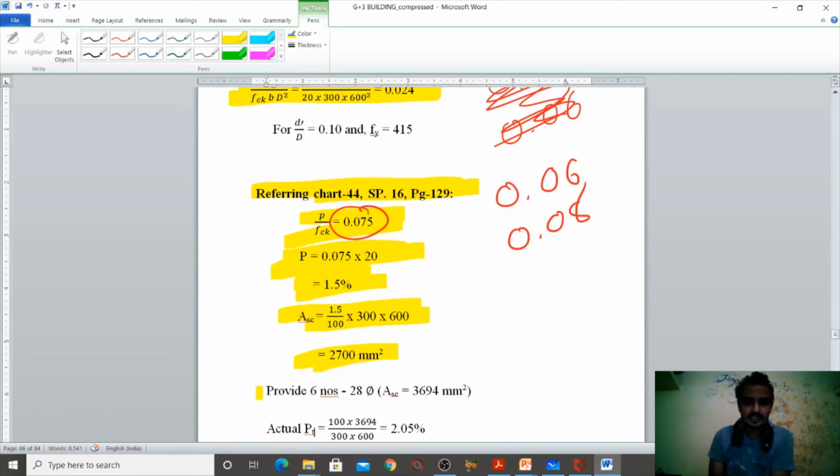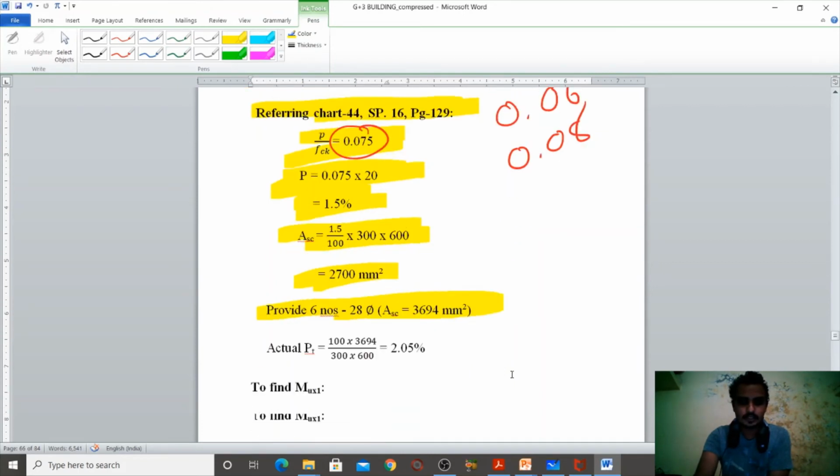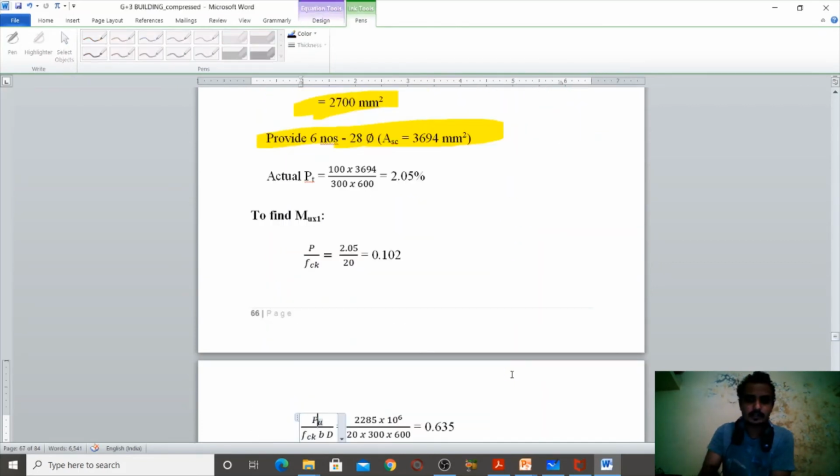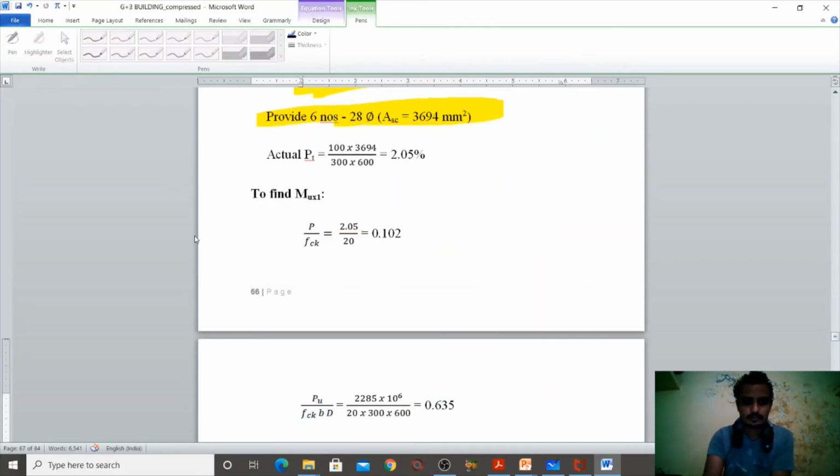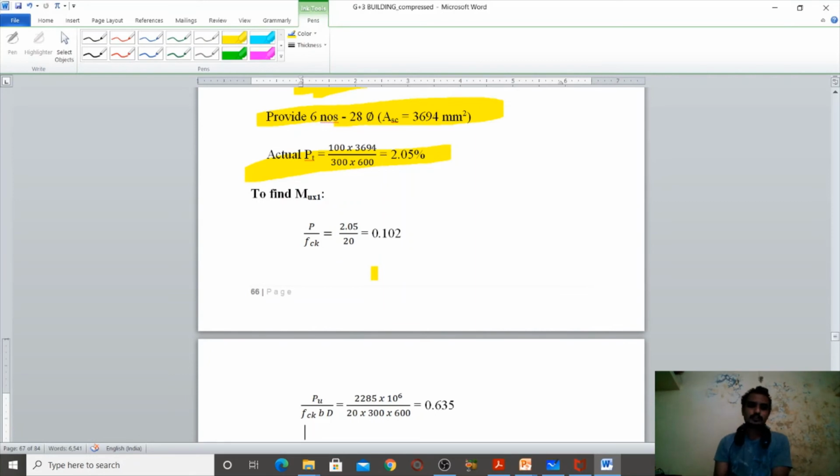So provide 6 numbers of bar of 28 diameter. Actual PT is 2.05. We provide 6 numbers of bar of 28 diameter, so actual AST is 3694 mm square.